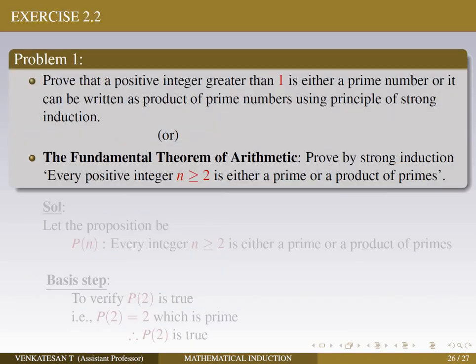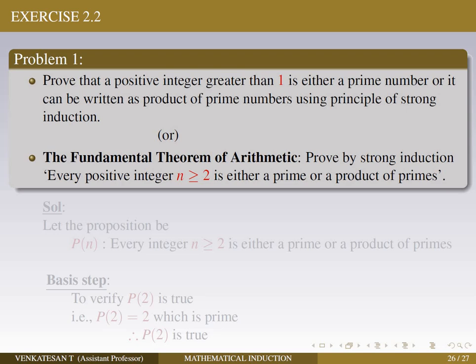Let us discuss the problem. Question number 1. Prove that a positive integer greater than 1 is either a prime number or it can be written as product of prime numbers using principle of strong induction. Actually, this statement is otherwise called the fundamental theorem of arithmetic. That is what we want to prove.